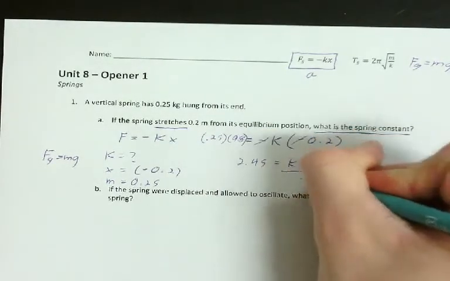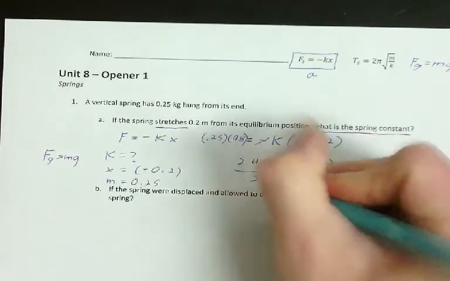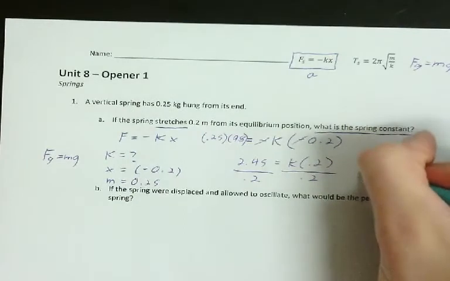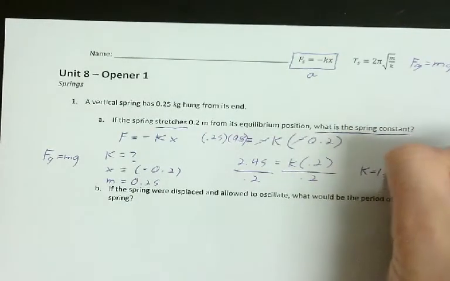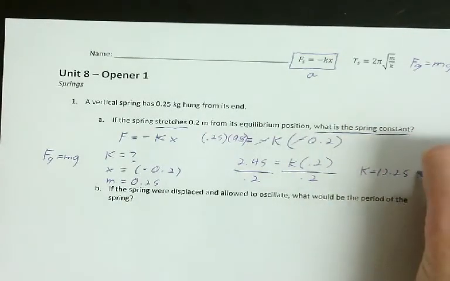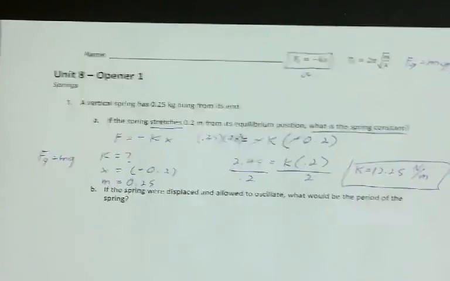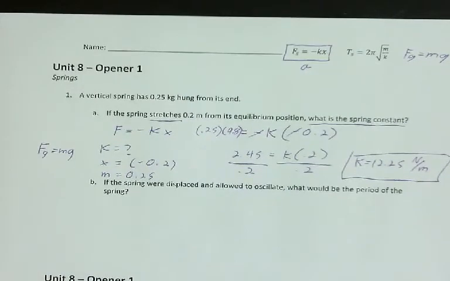Divide both sides by 0.2. And you get k to be 12.25. k should always be a positive answer. So there's my value for k.